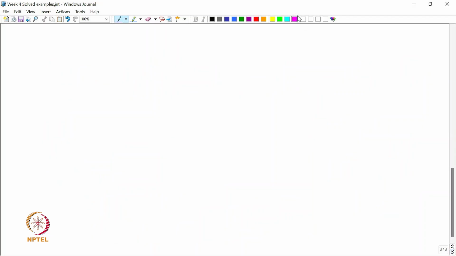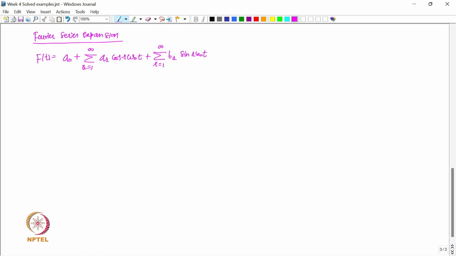and we have studied that the Fourier series expansion can be written as f of t is equal to a naught plus the sum of a r cos r omega naught t with r varying from 1 to infinity, plus the sum of b r sin r omega naught t with r varying from 1 to infinity.